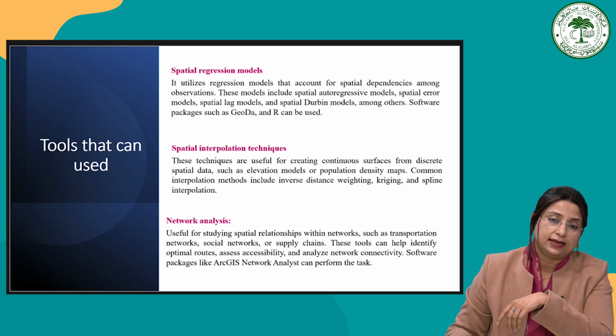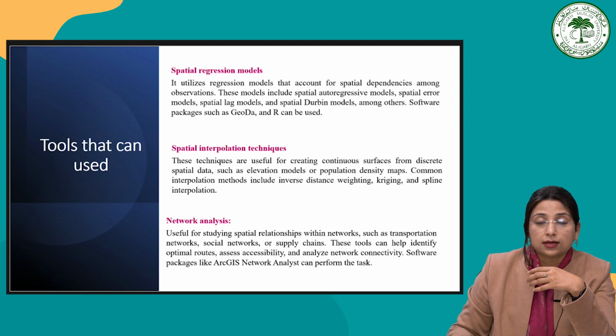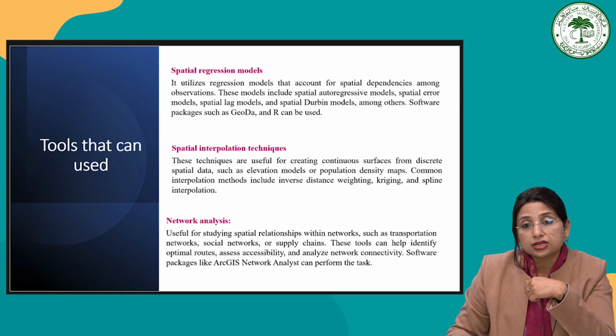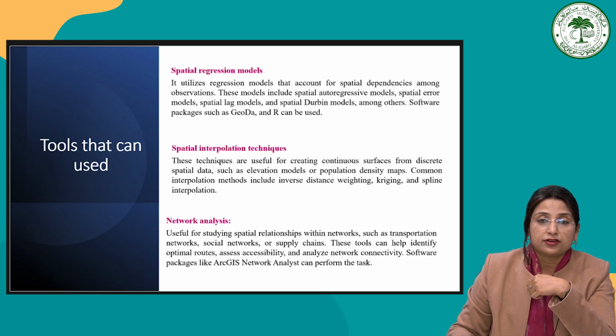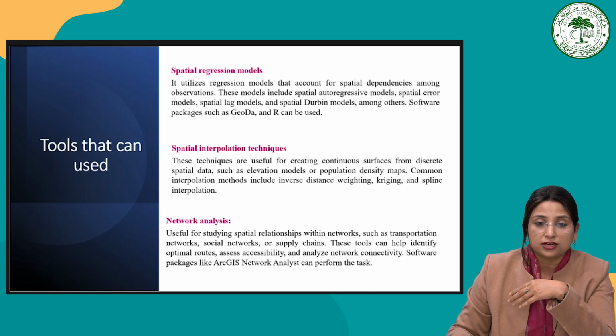Not only this, in economics we can have network analysis also. When we talk about network analysis, the first thing that comes to mind is transportation networking, the road networks. We can also have network analysis for social networks, or for knowing the supply chains of any spatial unit.